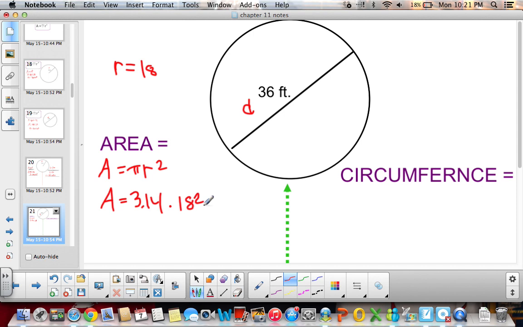So 18 squared is 324, and then I multiply that times 3.14, and I get 1,017.36. This is area, so it's feet squared.